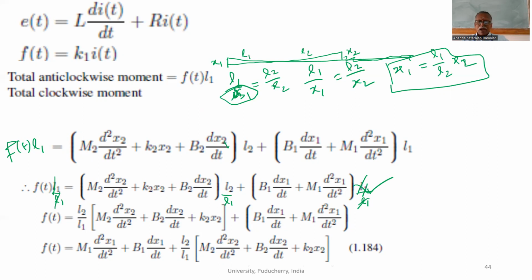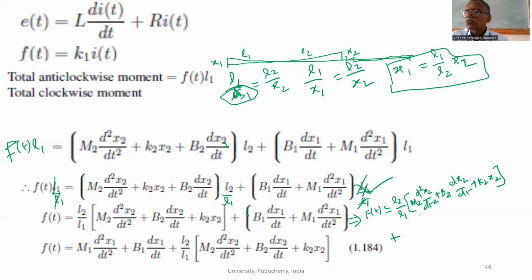Now we can write this equation as f of t equal to L2 upon L1 times m2 d square x2 upon dt square plus b2 dx2 upon dt plus k2 x2, plus, we can replace x1 by L1 by L2.